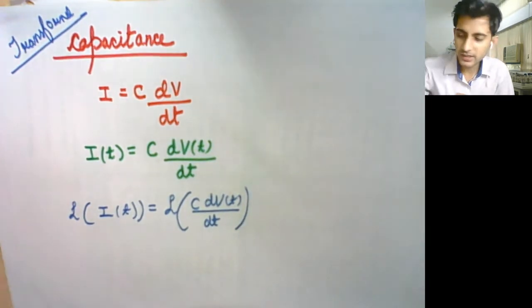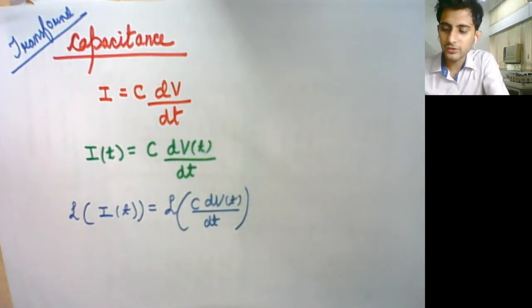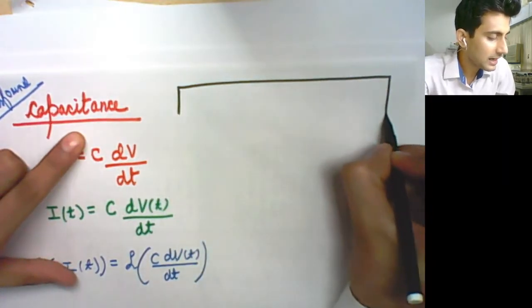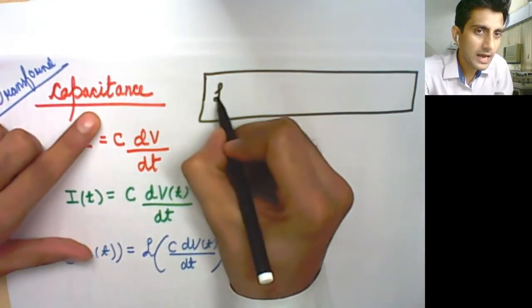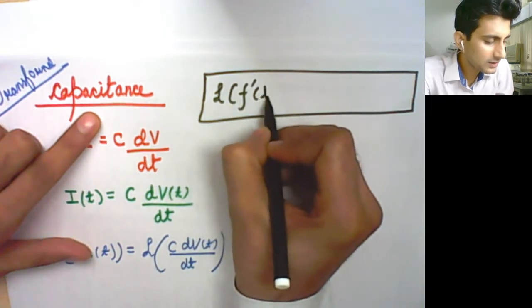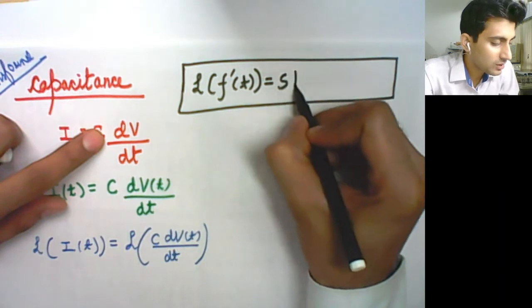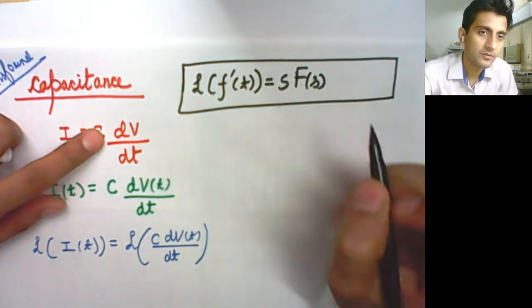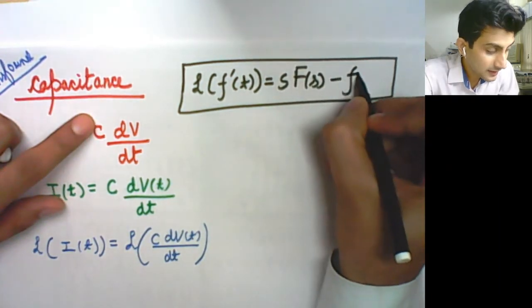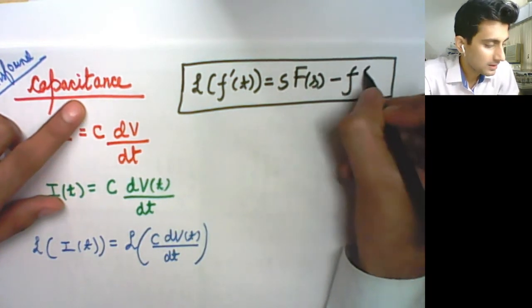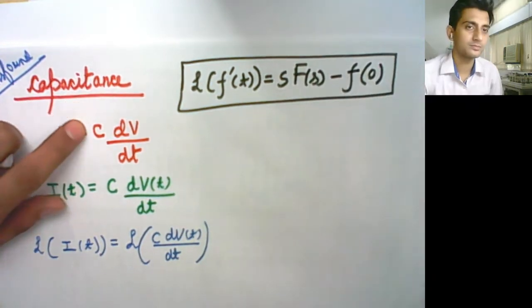Now tell me, we are going to utilize what we have already learned in Laplace transform. What is the Laplace transform of f prime of t? Anyone? sF(s) minus f(0), right? Fine.